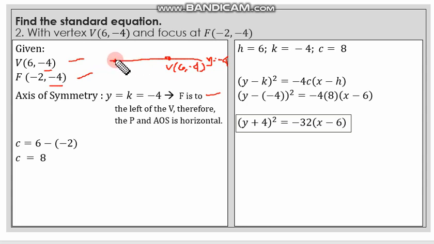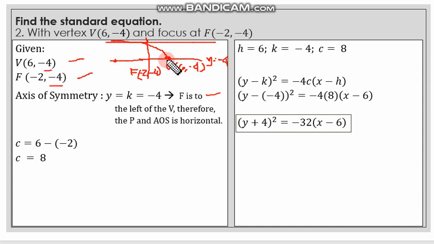So assuming this is the coordinate plane, with (0, 0) here, the vertex is at 6 and the focus is here at negative 2 and negative 4. So we're expecting that our parabola is opening to the left.